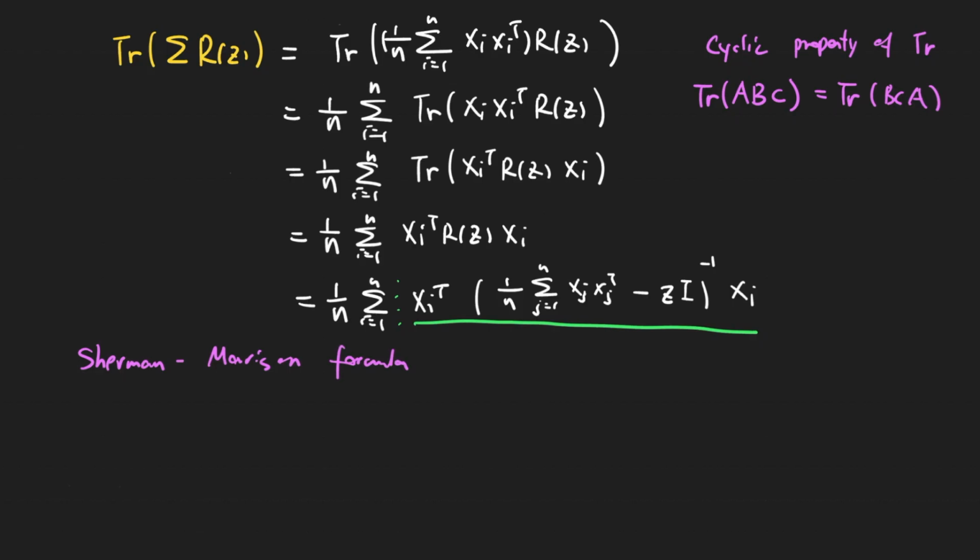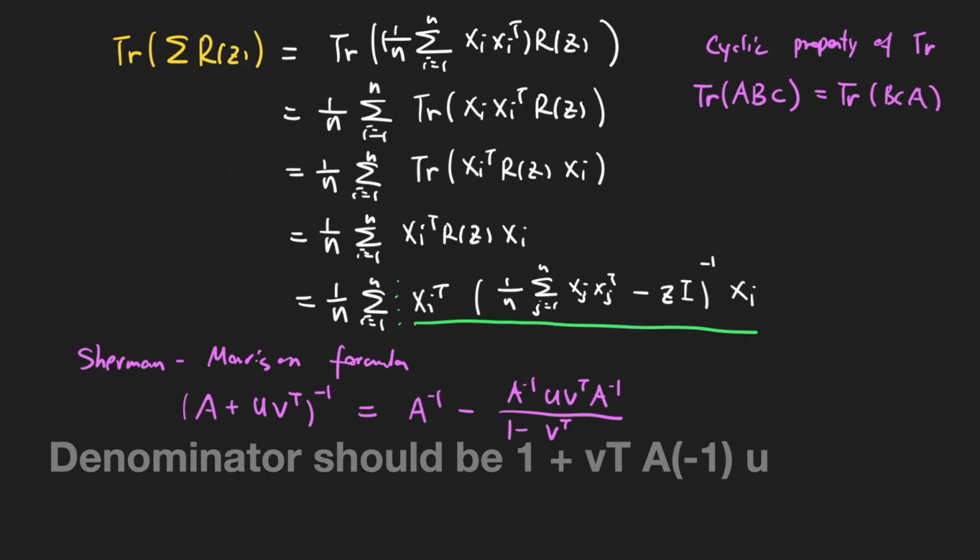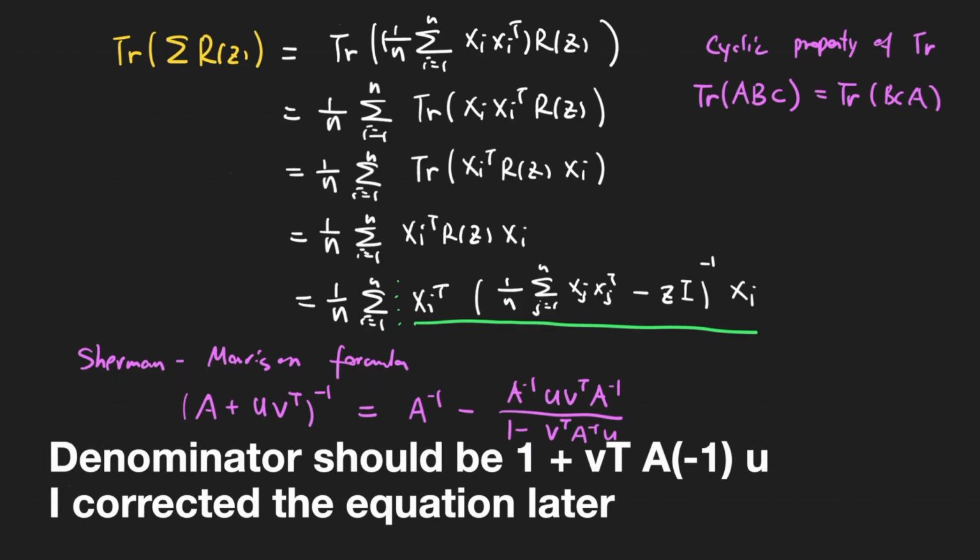Okay, so for the Sherman-Morrison formula, the statement is that when we have a matrix A and we perturb it with a rank 1 matrix, let's say UV transpose, and we take the inverse of it, that equals the inverse of A minus A inverse UV transpose A inverse, and then the denominator is 1 minus V transpose A inverse U. It's saying that when we perturb a matrix with a rank 1 matrix, you can separate out the dependency in this way.